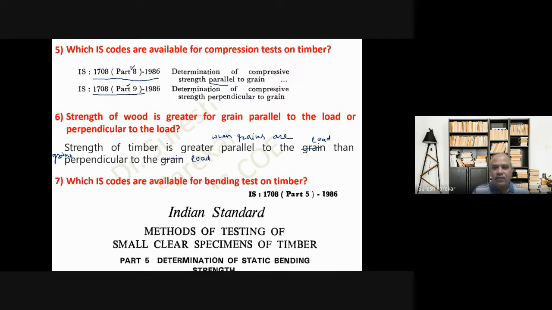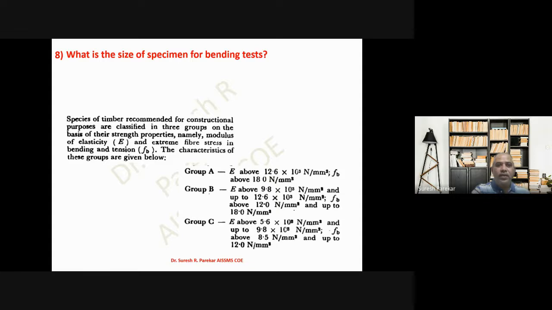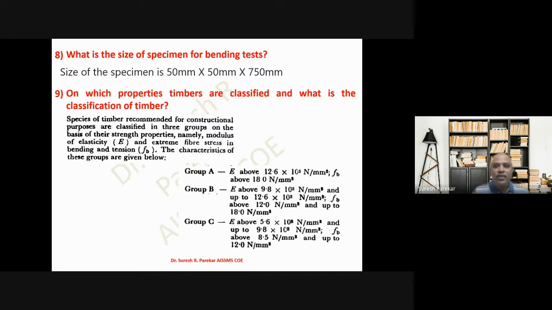So you can see we have IS 1708 part 5, and that we are going to use for determination of static bending strength. Then what is the size of the specimen for the bending test? We have 50 by 50 by 750 millimeters. On which properties are timbers classified, and what is the classification of timber?